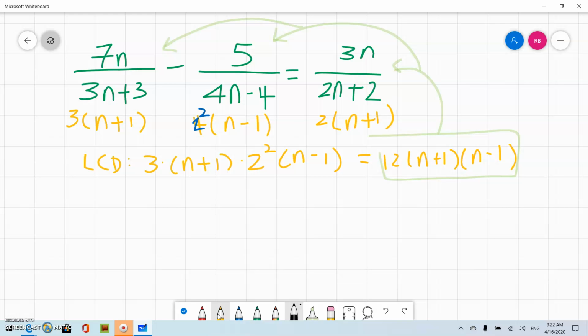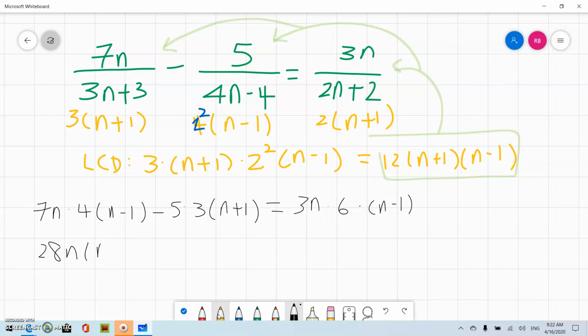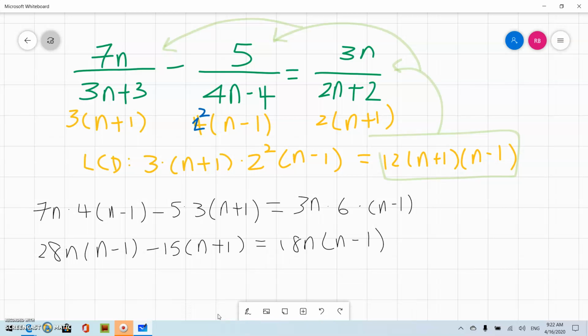So 3 and 12, so 7n times 4 times n minus 1, minus 5 times 3 and n plus 1, because I already had n minus 1, so it cancels. 3n times 6 times n minus 1. Okay. So 28n times n minus 1, minus 15 times n plus 1, equals 18n times n minus 1.